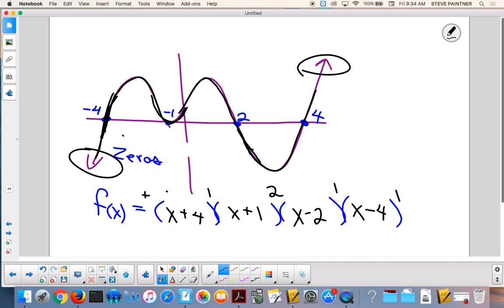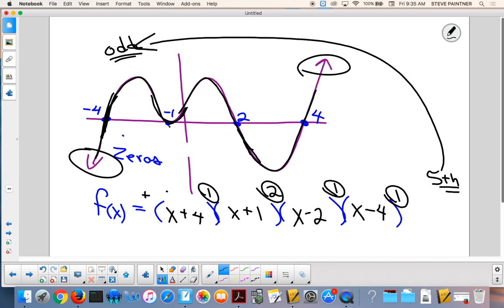Odd. Now you want to double check yourself. If you add up your multiplicities, 1 plus 2 plus 1 plus 1, they add up to 5. This is a 5th degree polynomial. Is 5th odd? Yeah. I know I have my multiplicities good.